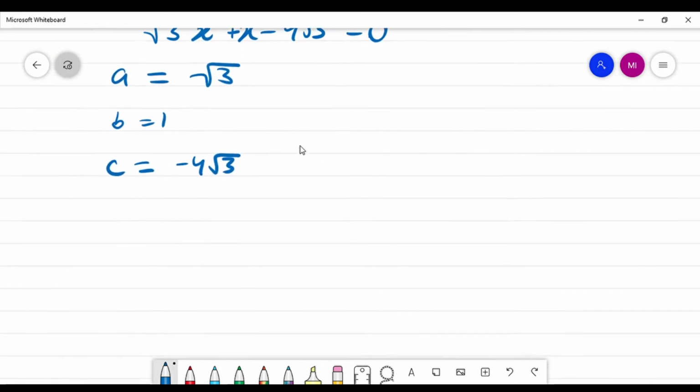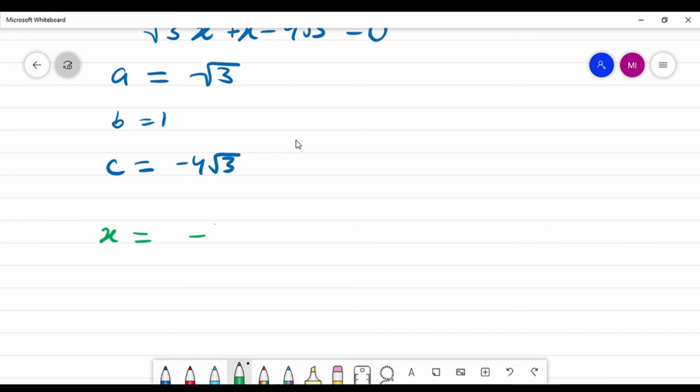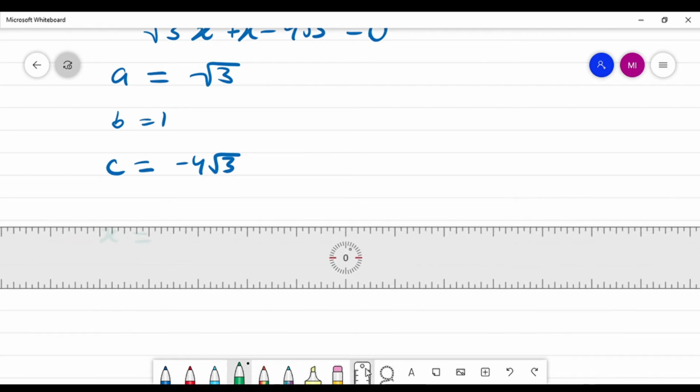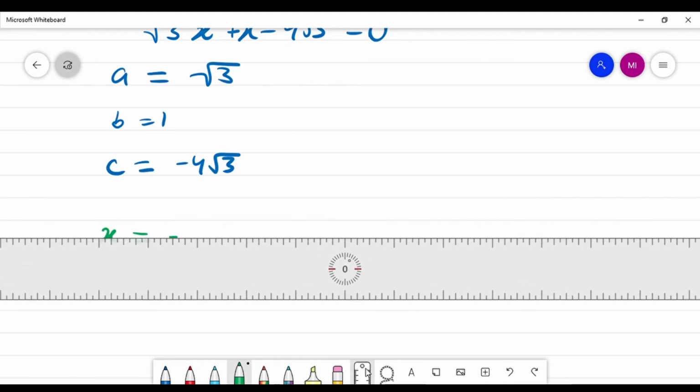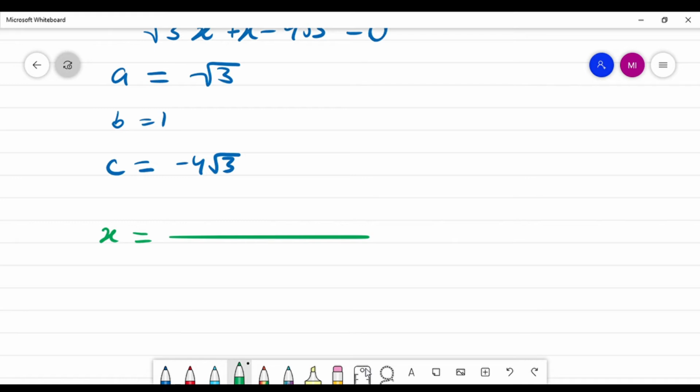And I hope you guys remember our formula, which is x is equal to negative b plus minus under root of b squared minus 4ac divided by 2a.